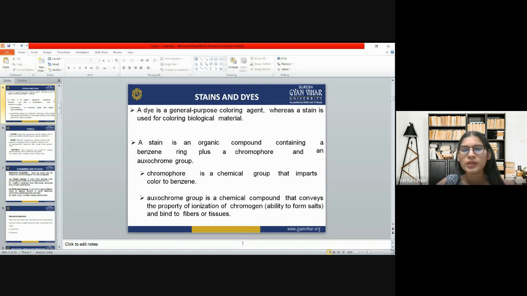Chromophore is a chemical group that imparts color to the benzene. And auxochrome group is a chemical group that conveys the property of ionization to the chromogen, that is, it has the ability to form salt and bind to the fiber or tissues. That's how they give color to the particular biological material and make it easy to visualize.